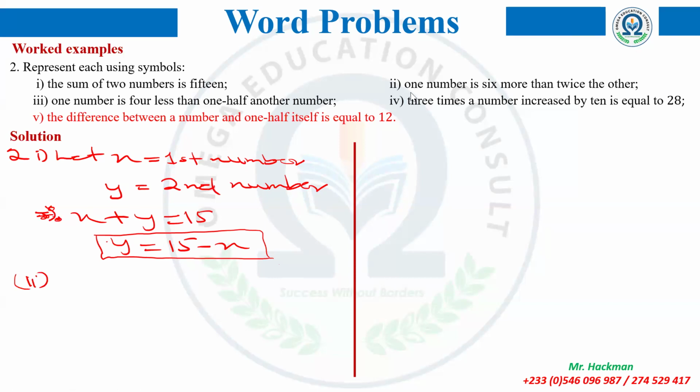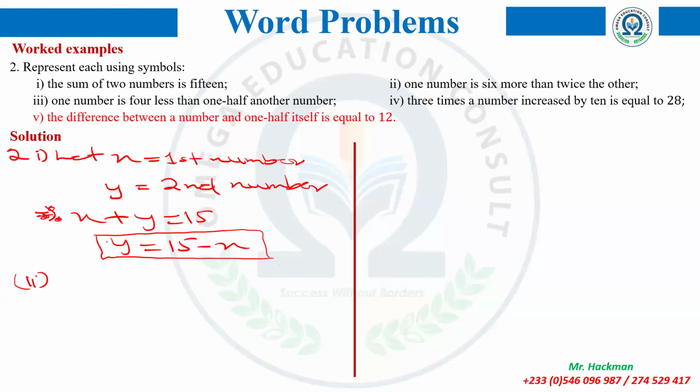So the first one: one number is 6 more than twice the other number. Okay, this is what we are going to do. We are saying that between the two numbers, one will be bigger, one will be a smaller number. Is that not it? My professors, are you with me? Yes, please. Okay, very good. I want you to talk.